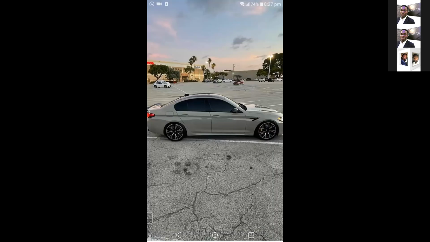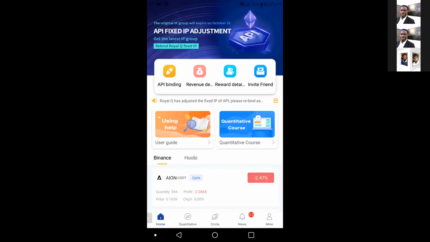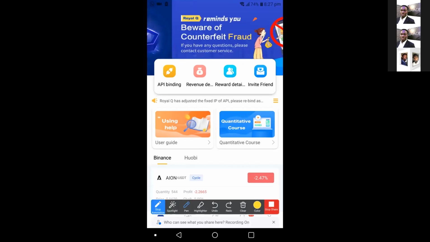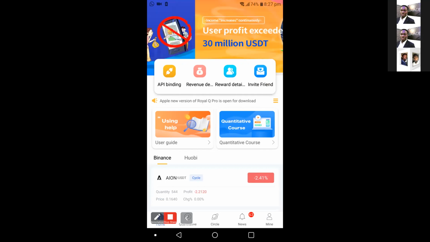In order to do that, we need to copy the API IP address for the bot. Here, if you come to API binding, this is what the bot looks like. I'm just running through it.